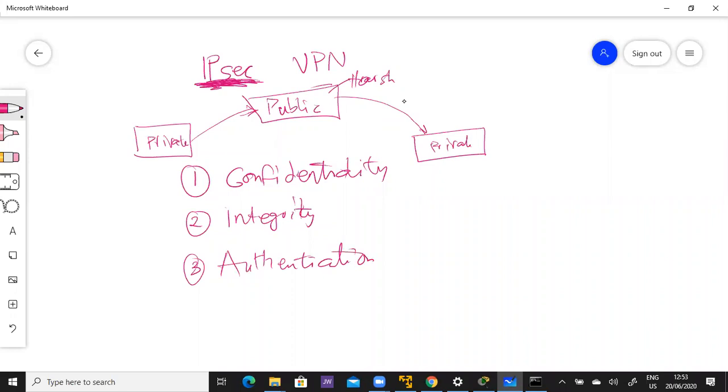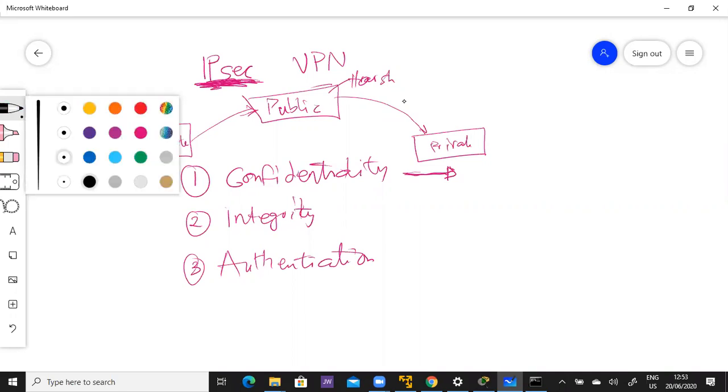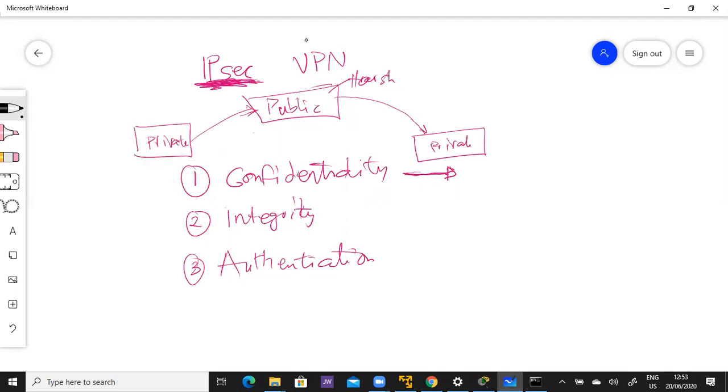Now, what is confidentiality? Confidentiality, as the name implies, the document has to be confidential. It has to be meant for an intended recipient. So it's only the intended recipient who should have access to the document or the connection they are making.